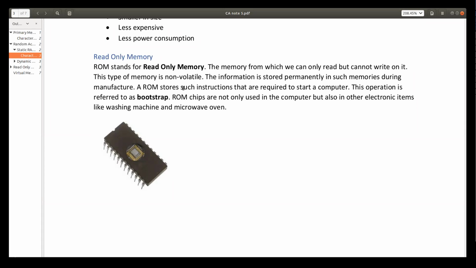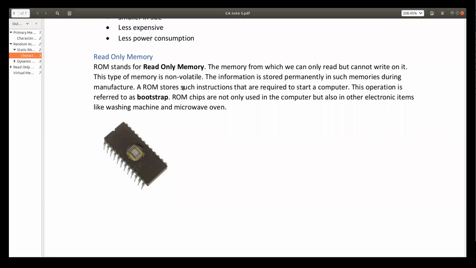As I told you, ROM is not only used in your computer. Knowingly or unknowingly, it is there in your other household electronic devices, like your microwave, washing machines, even in your cars and bikes. In different ways, you may not know, but it is there doing its job. So that is basically what ROM is.